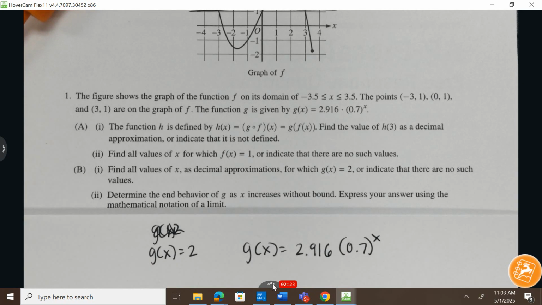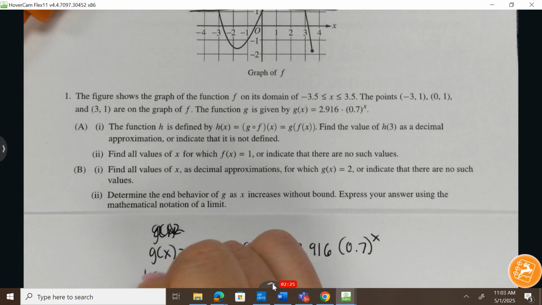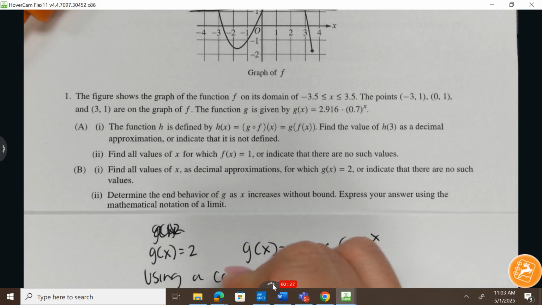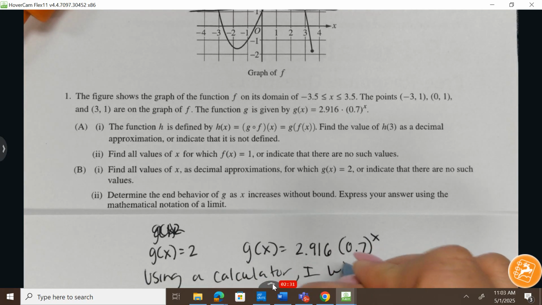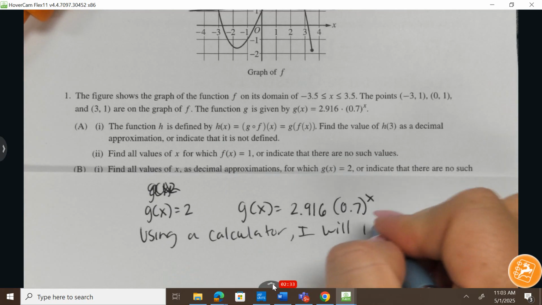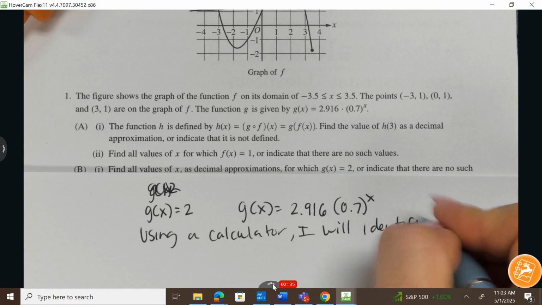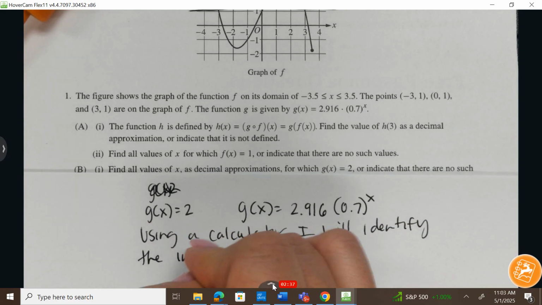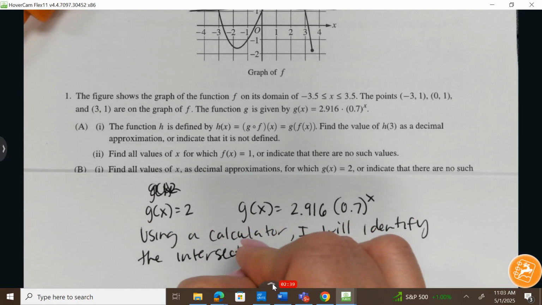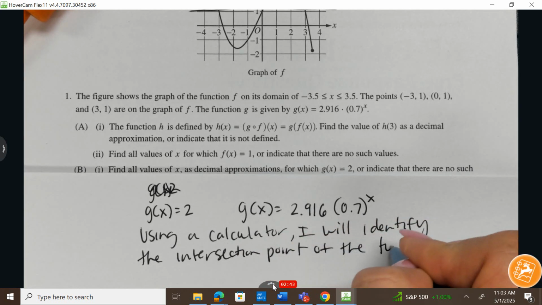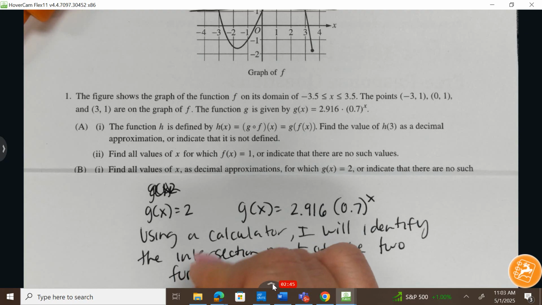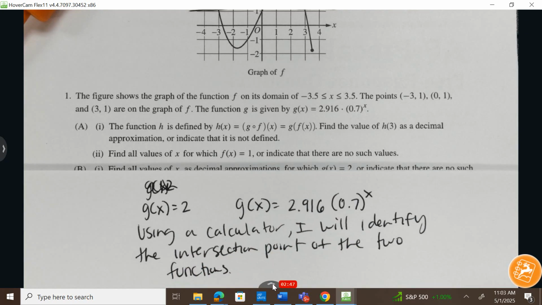I want to know when these intersect. So I'm going to write, using a calculator, I will identify the intersection point of the two functions.